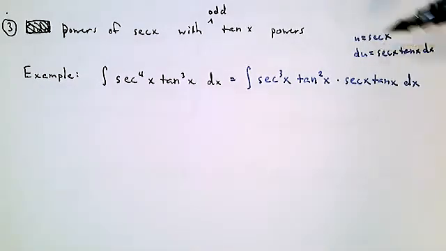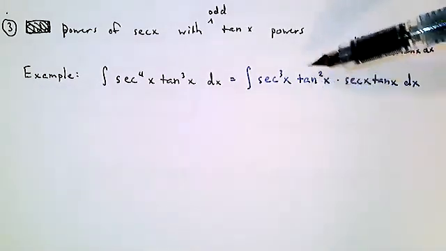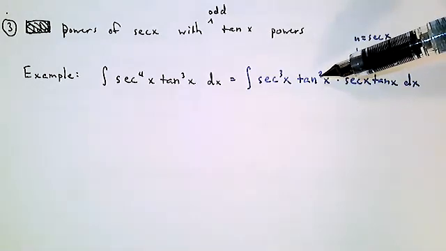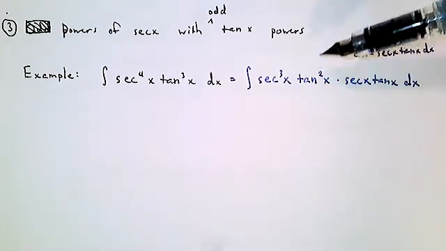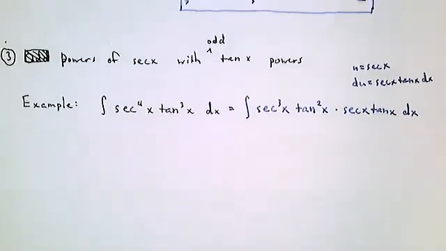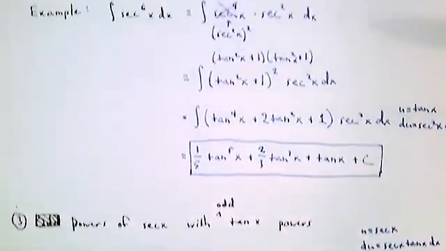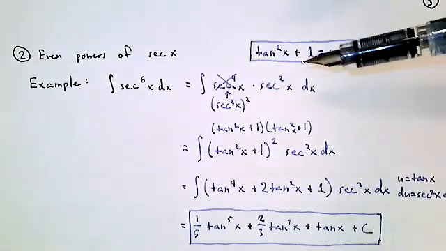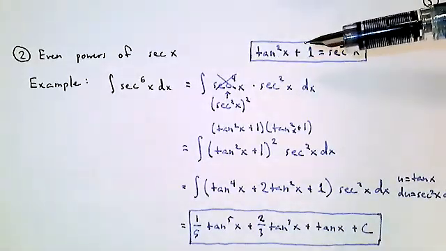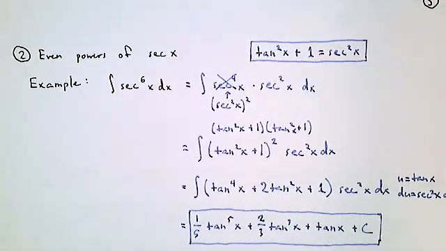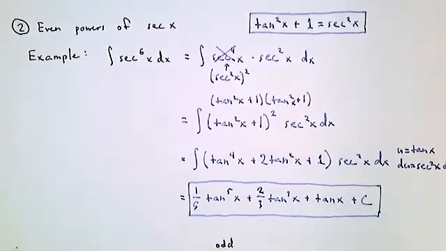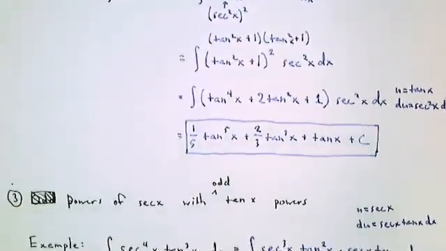But in order to use this idea, I'm going to have to convert this even leftover power of tangent into secants using this same formula that we used earlier. So I'll have to move this one to the right-hand side in order to get powers of secant.